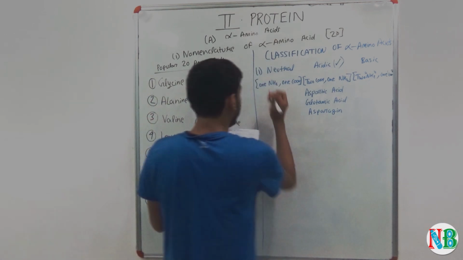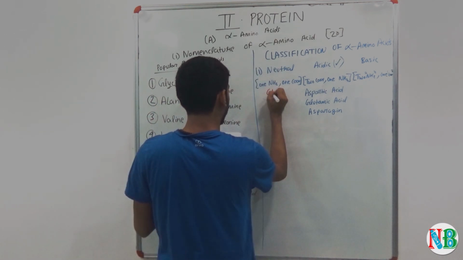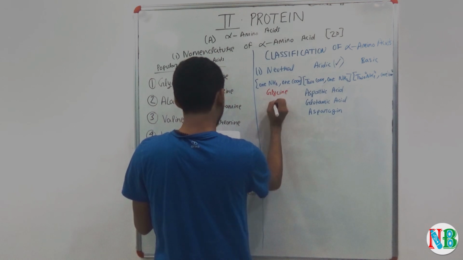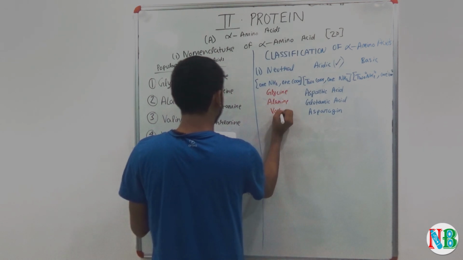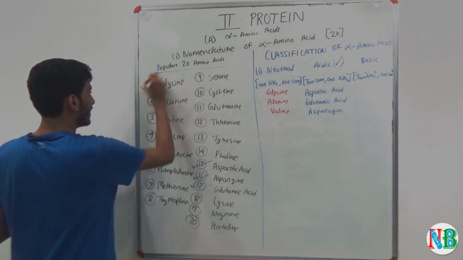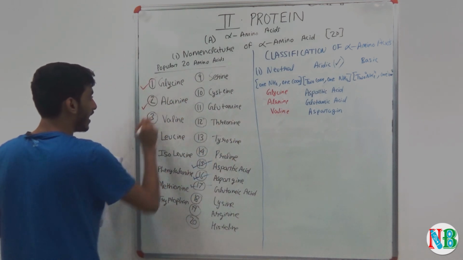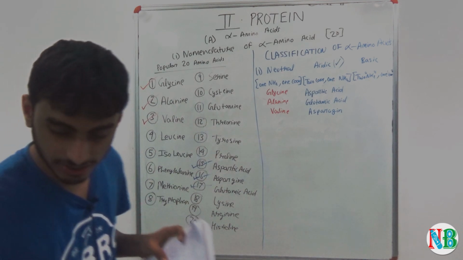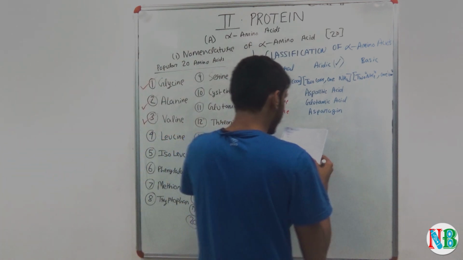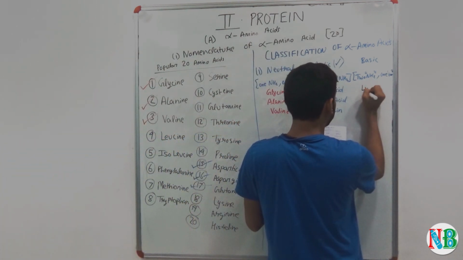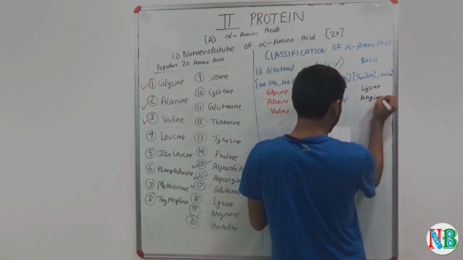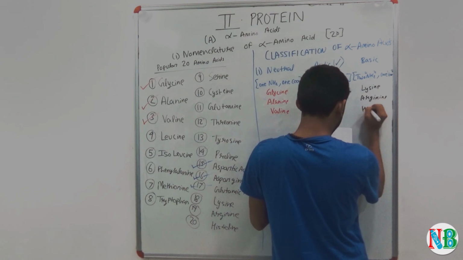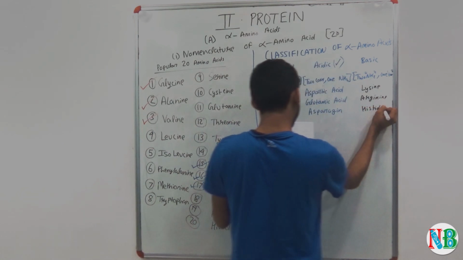Okay. In the neutral section, you get glycine, alanine and valine. So the first ones, glycine, alanine and valine, are neutral in nature. And the basic examples are lysine, arginine, histidine.